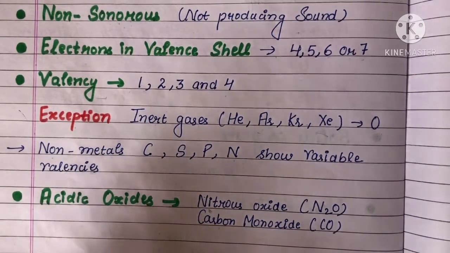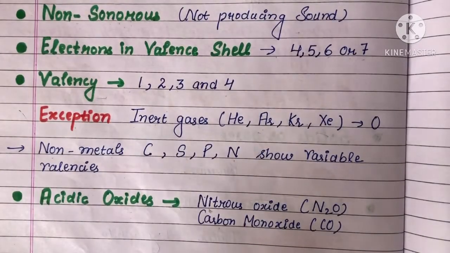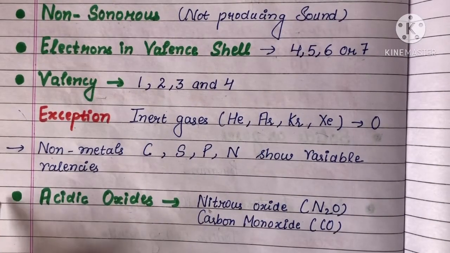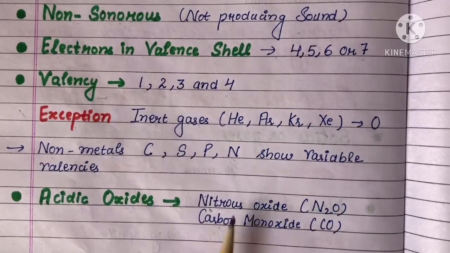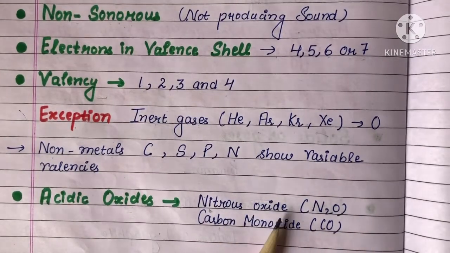For example, metals show malleability, ductility, sonority, good conduction of heat and electricity, and electropositive nature, but non-metals show non-malleability, non-ductility, non-sonorous nature and electronegative behavior.